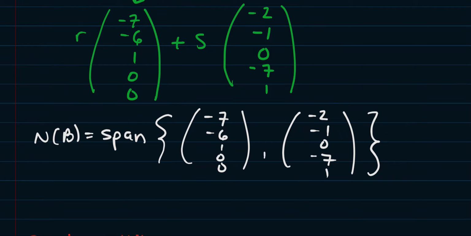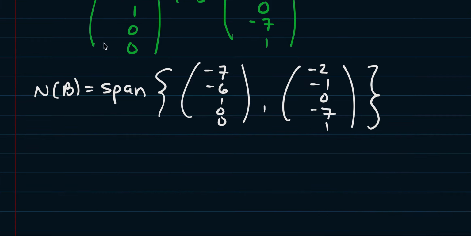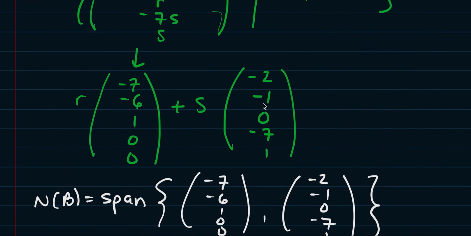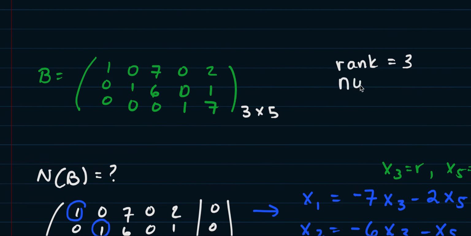The dimension of the null space, or the nullity of B, is 2. Let's write that at the top, right beside the rank. The nullity is 2. 3 plus 2 is 5.